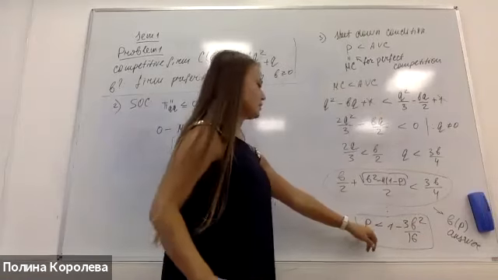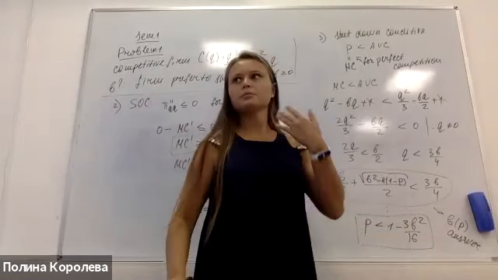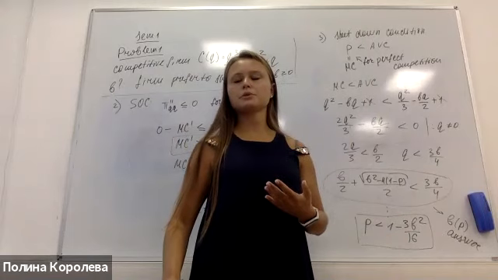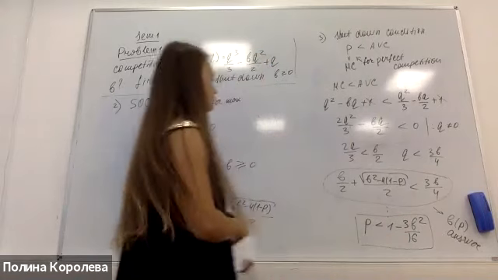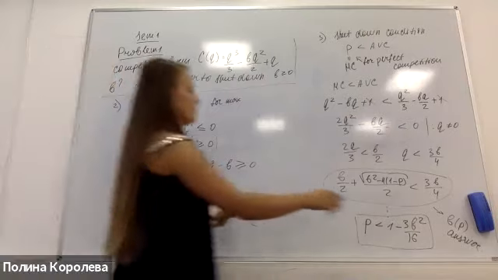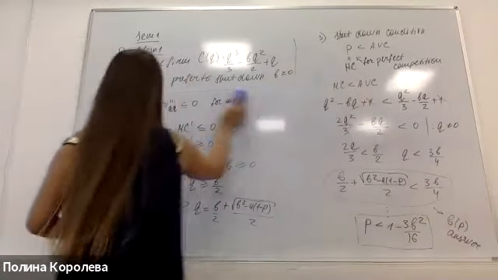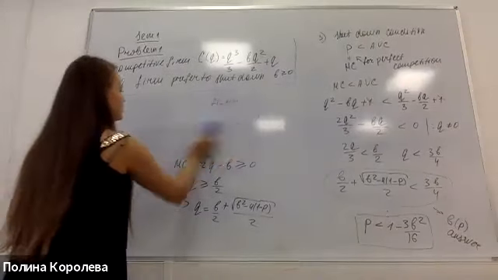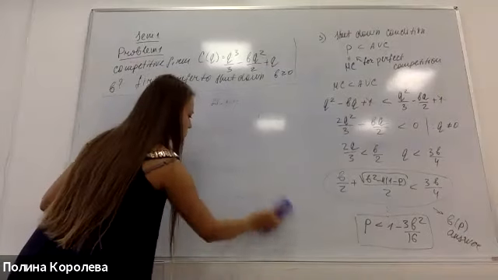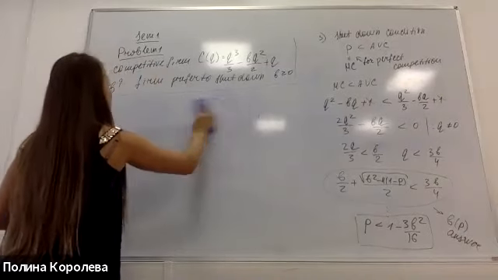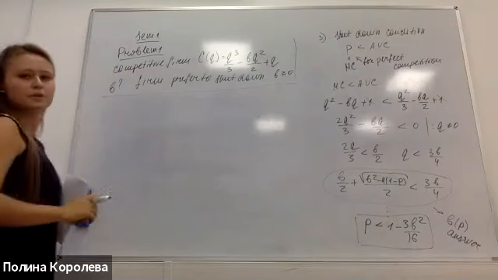So if the price is very small, the firm does not produce and leaves the market. And now we can write down the supply function of our small firm in this market.